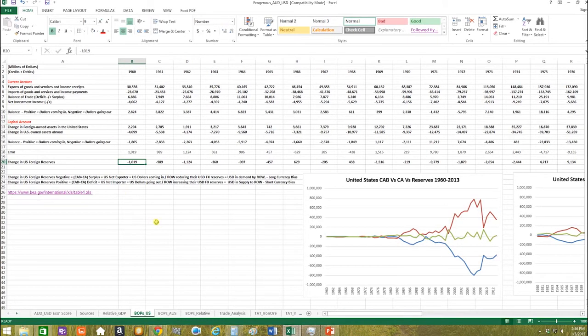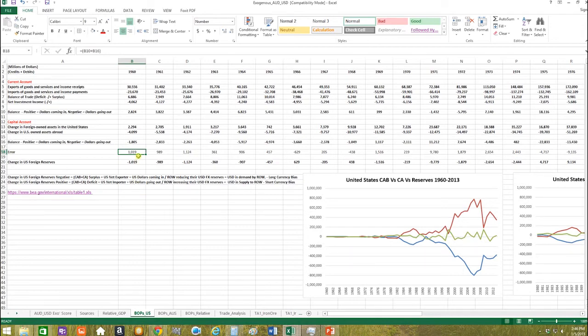So let's just go through this quickly again so we fully understand it and comprehend what's going on here. If the error is positive, it means that more dollars are coming in. This number represents the amount of dollars that are coming in, but it also represents the amount by which the rest of the world's US dollar reserves are going down.